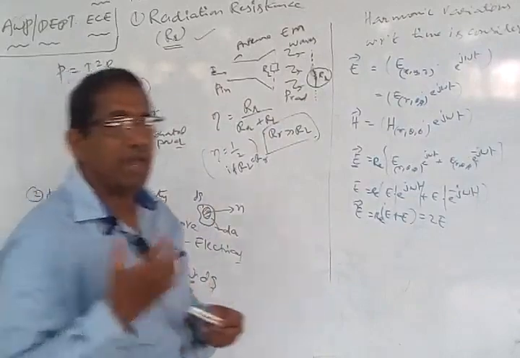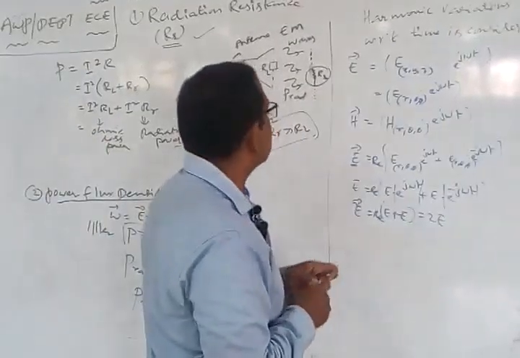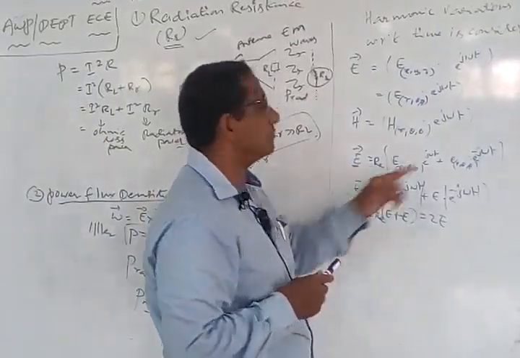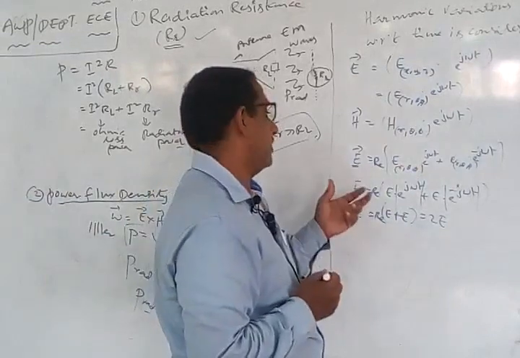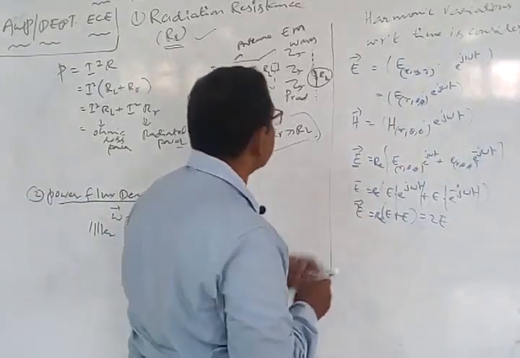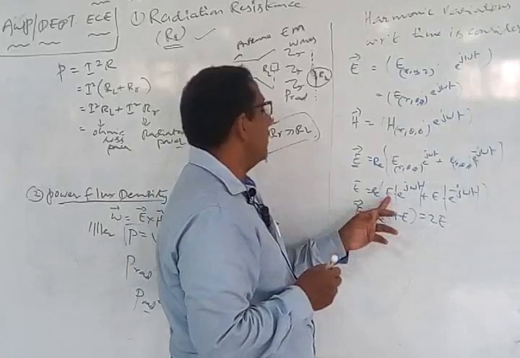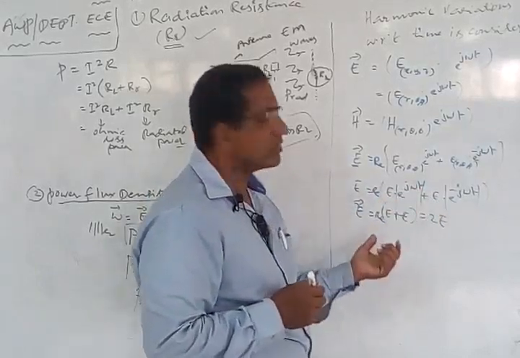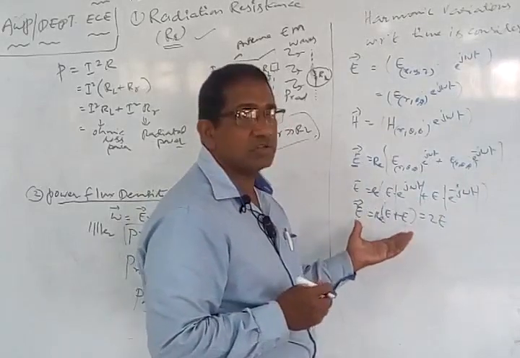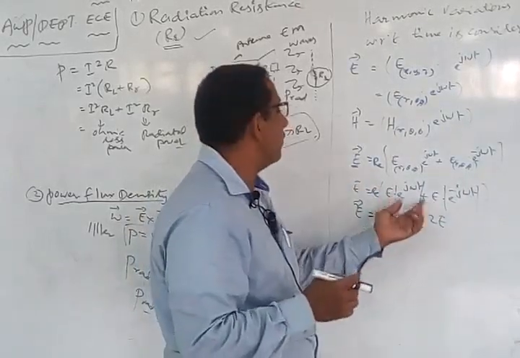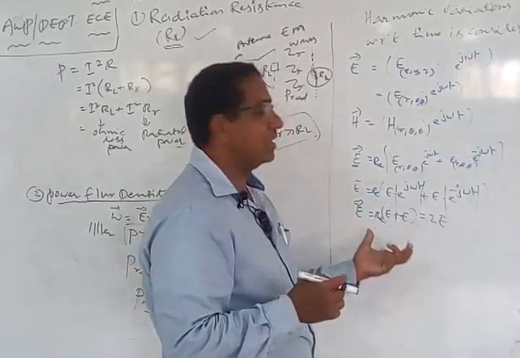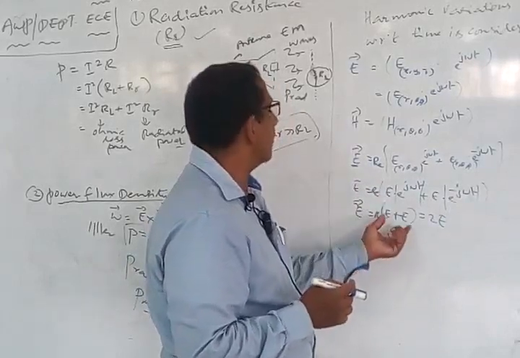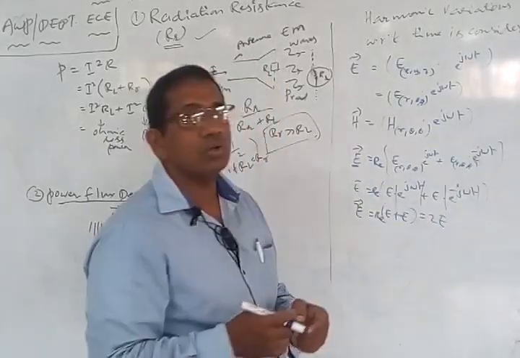To get the value, we always calculate with respect to the real part of the expression of the electric field. So if we consider only the real part, we get only the E part, and the rest, being conjugates on the even function spectrum, get neglected. So I will have E plus E, which is 2E.